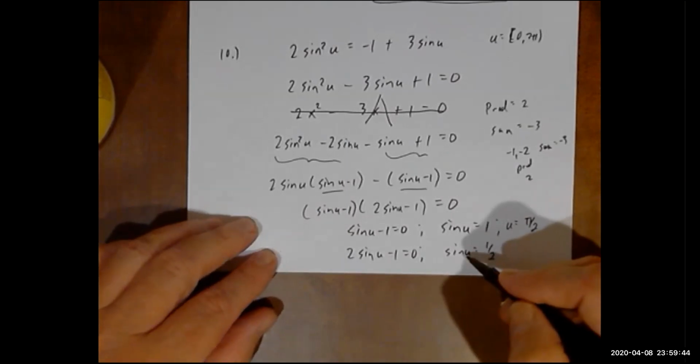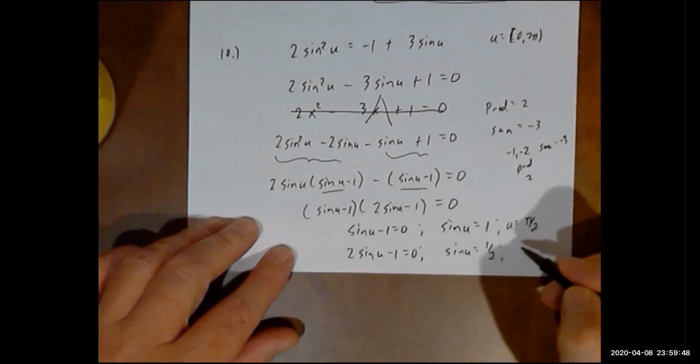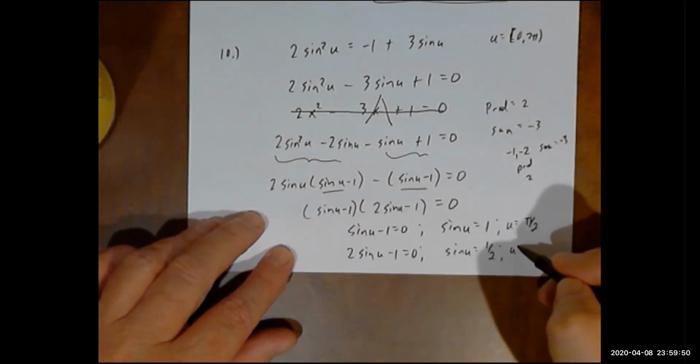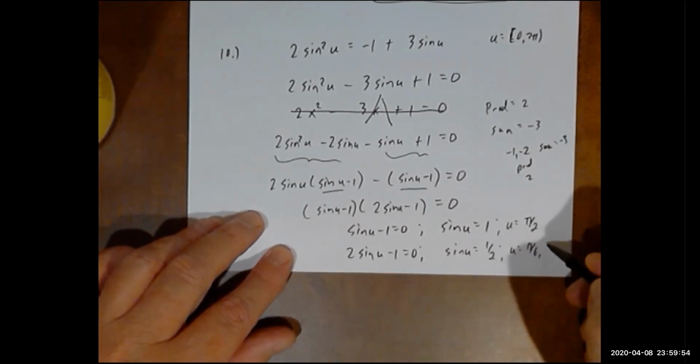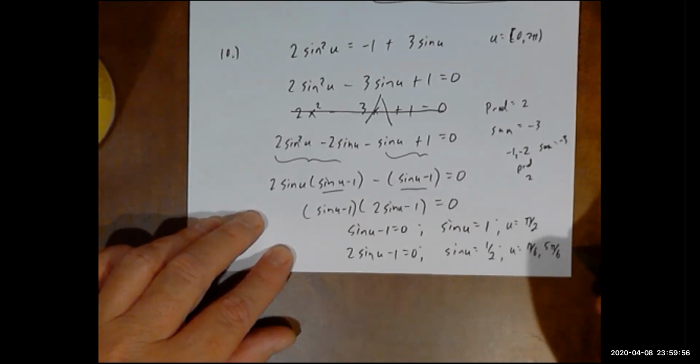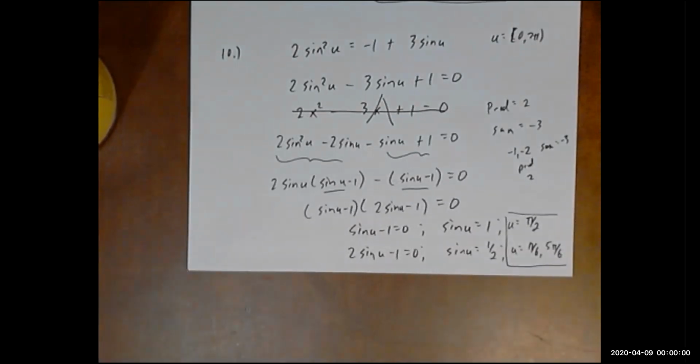What are the angles where the sine of an angle is 1/2? It's actually two of them, right? It's pi over 6 and 5 pi over 6. So I think there are 3 solutions: pi over 2, pi over 6, 5 pi over 6. Let's see if that's correct.